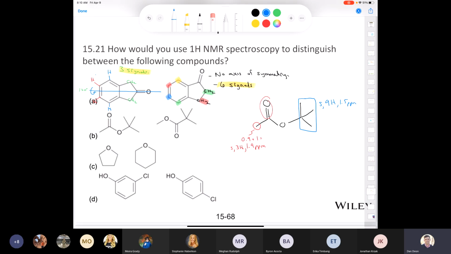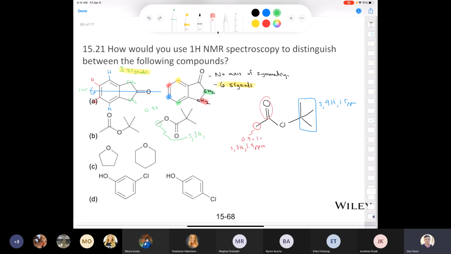Okay. You could even just distinguish between these two compounds just by analyzing the methyl that integrates for 3 protons. Let me prove it to you. Because if you analyze this methyl group that's also going to integrate for 3 protons, it's going to give you a singlet that integrates for 3 protons, but its chemical shift is going to be 0.9 plus the 3, right?